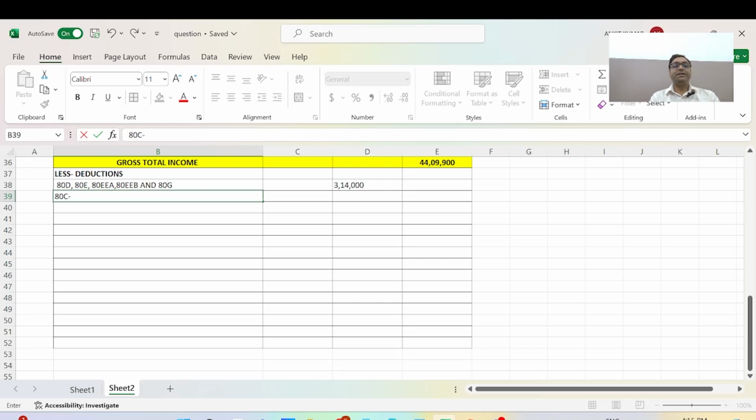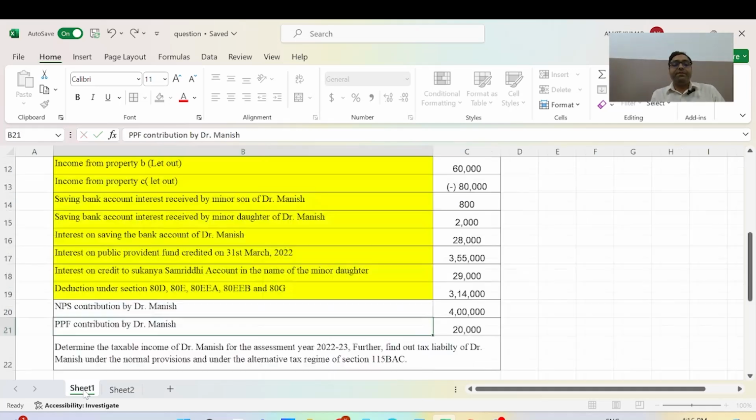Under section 80C, the PPF contribution is 25,000 rupees, and under 80CCD, the NPS contribution is 4 lakh rupees, as per the information given in the question.